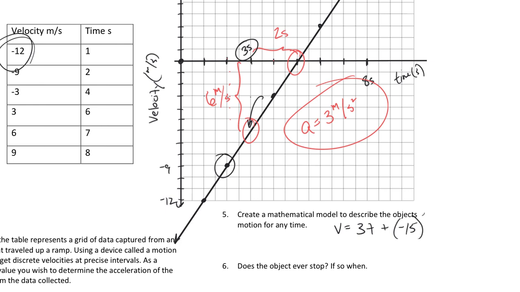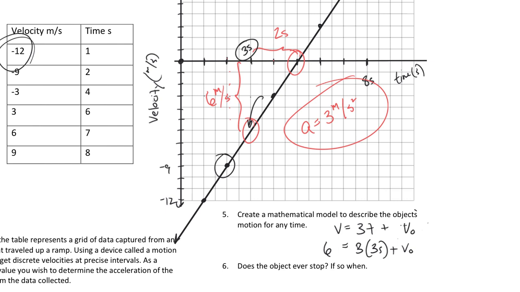So using my function without this, because at this point I don't know what that is, I could say, well, at time equals 3 seconds, my velocity was 6 meters per second.